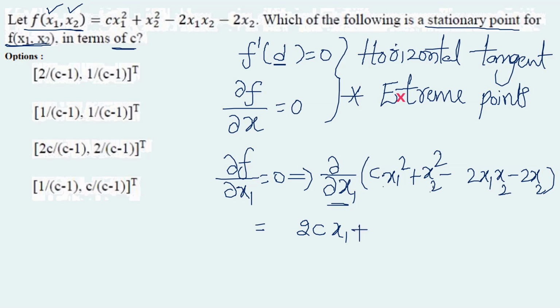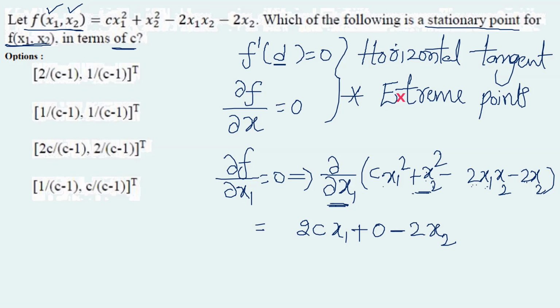As we are finding the derivative of the function with respect to x1, we need to treat the other independent variable as constant. So the derivative of x2 square is equal to 0 as x2 is constant. Minus, x2 is constant and 2 is constant, taking them out and finding the derivative of x1. The derivative of x1 with respect to x1 is 1, so it yields 2x2, and here 2 is also constant and x2 is also constant as we are finding the derivative with respect to x1.